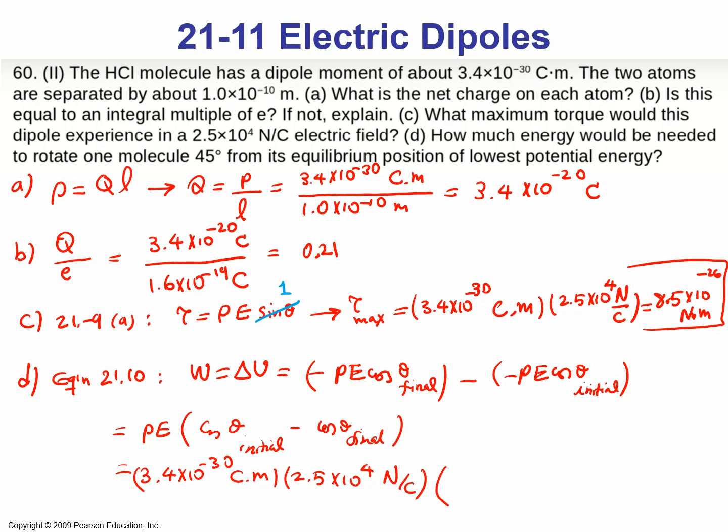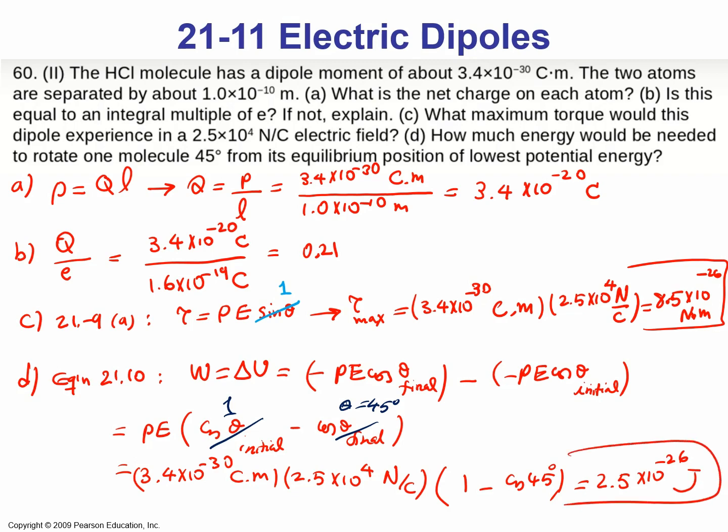When theta is equal to 0, we have cosine theta equal 1, and the final theta is 45 degrees. So we plug in these numbers, and we end up with 2.5 times 10 to the power minus 26 joule. And this gives us the energy needed to rotate this molecule by 45 degrees from its equilibrium position.